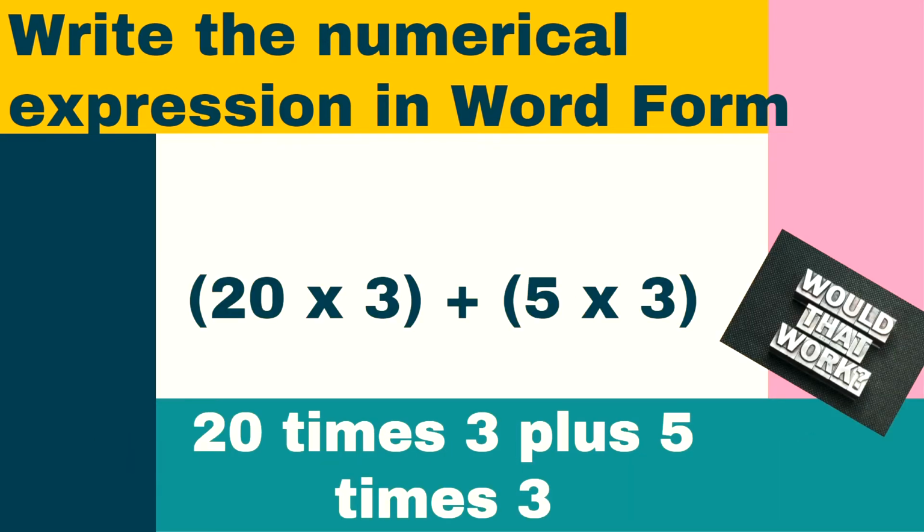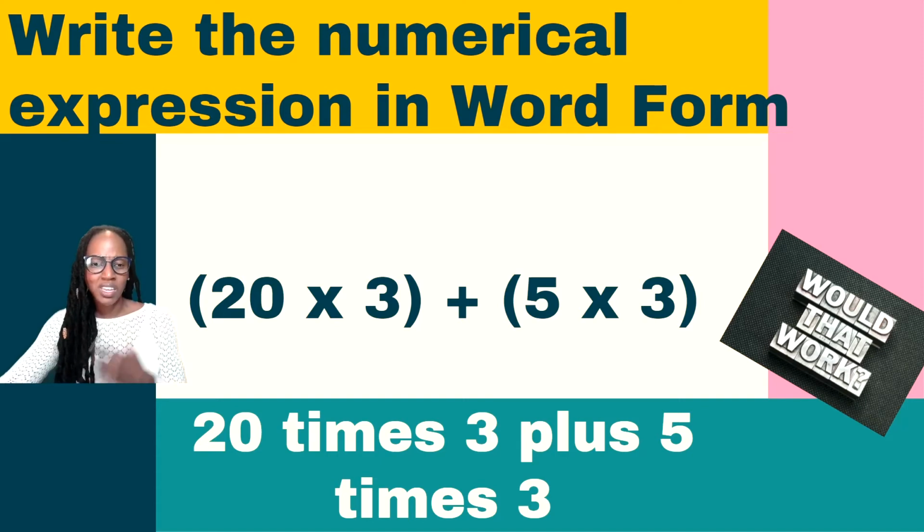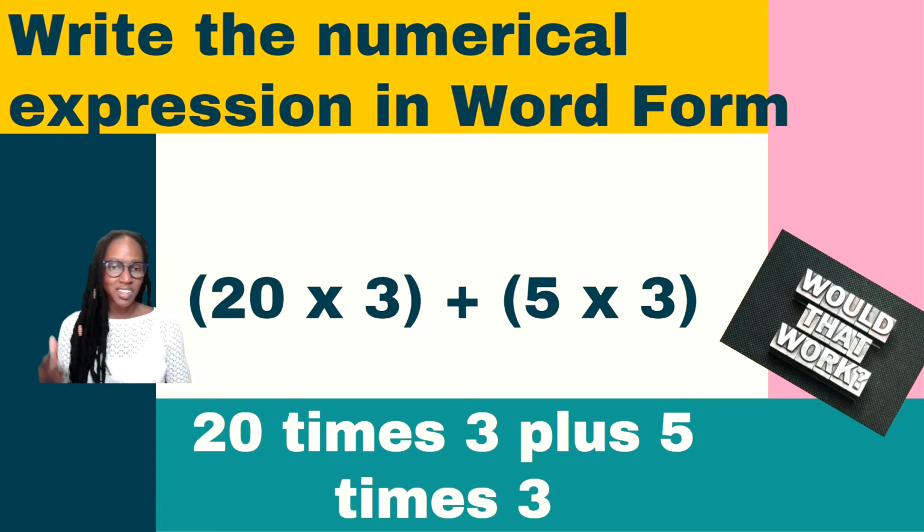Let's see, what if I had the expression (20 times 3) plus (5 times 3)? Now I'm over here thinking. You know what, y'all? I'm thinking, can I just write it like that? I mean, can I write it the way I read it? 20 times 3 plus 5 times 3? Would that work?